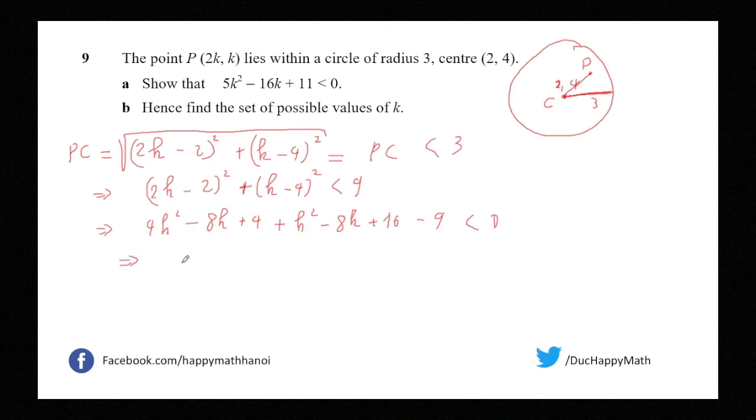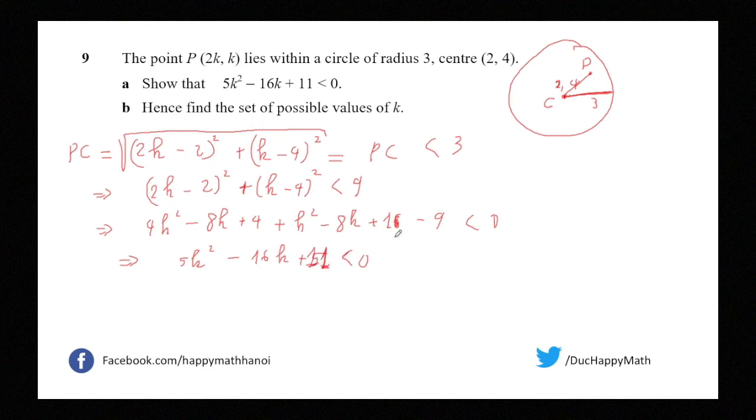So the k here is 5k squared minus 16k and minus 5 less than 0. Oh sorry, I forgot the 16 here. So 4 plus 16, 20 minus 9 plus 11.